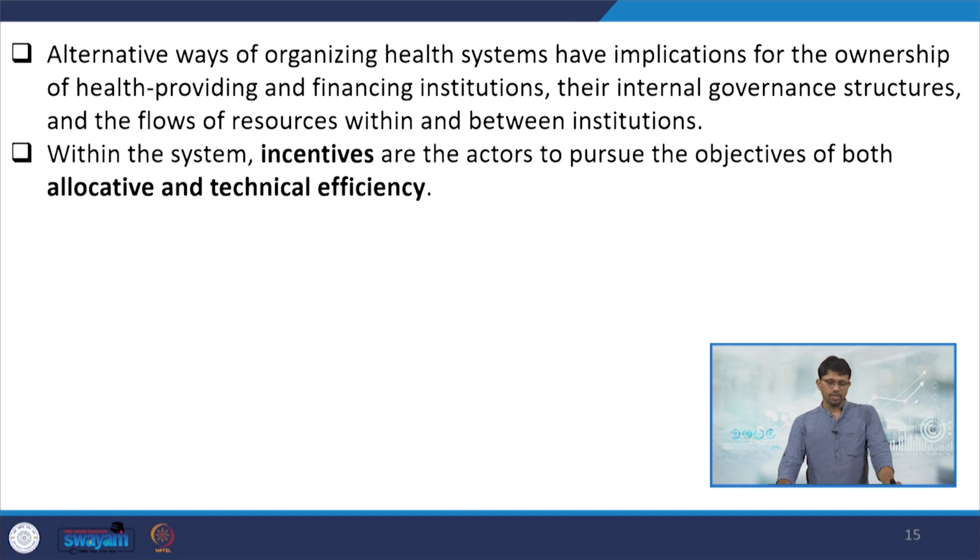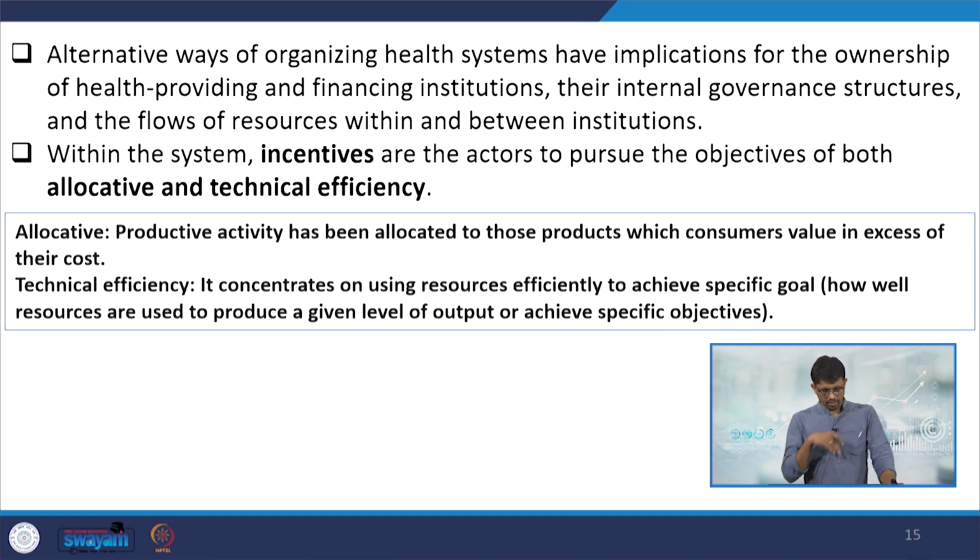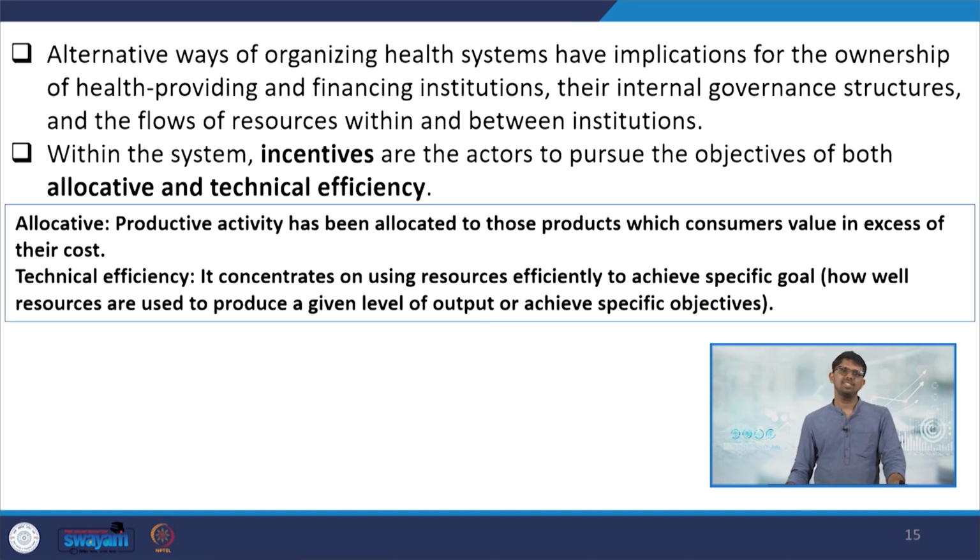Within the system, incentives really work so far as meeting the individual demand through the providers, or the providers may be defined to be efficient enough, and that efficiency could be allocative or technical. Now, what do you mean by allocative efficiency?